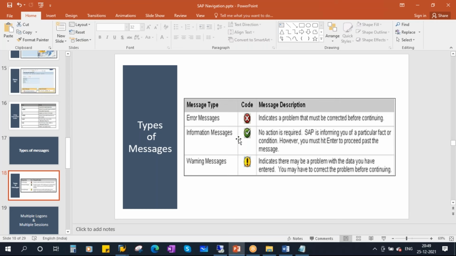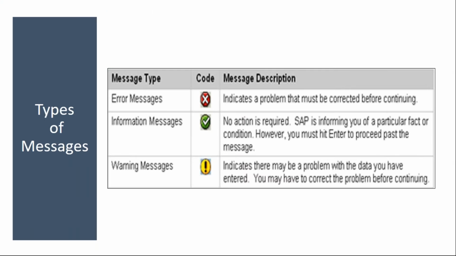Okay. Now I'll come to the information message in a minute. First, let's discuss the warning message. A warning message comes with yellow color. It indicates there may be a problem with the data you have entered. You may have to correct the problem before continuing.